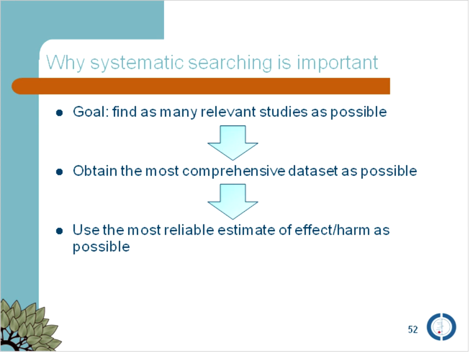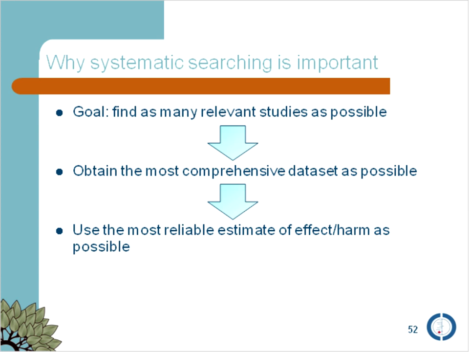If you have a subset of everything that's out there, then you may not have all the information that you need. As a result, your estimate based on the smaller group of information may be different than if you had included all of the information.